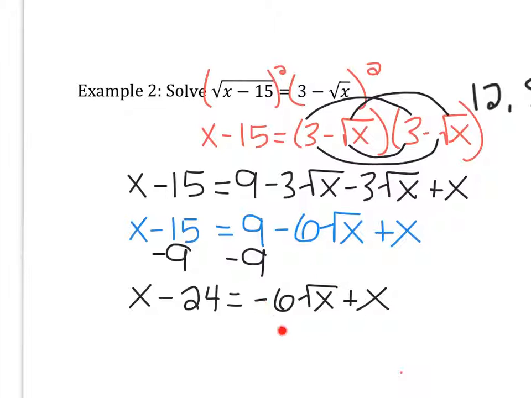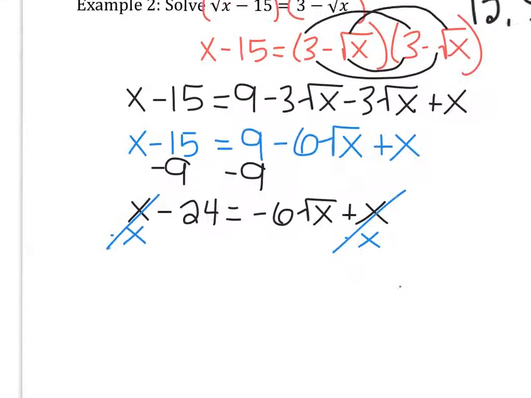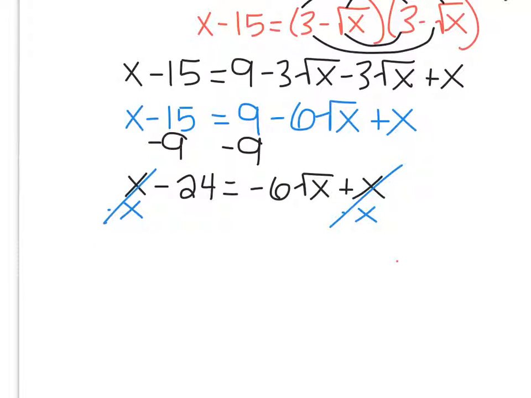Is our radical by itself? No. We still need to subtract that x. So the x's are going to end up canceling. So we'll have negative 24 equals negative 6 square root of x.